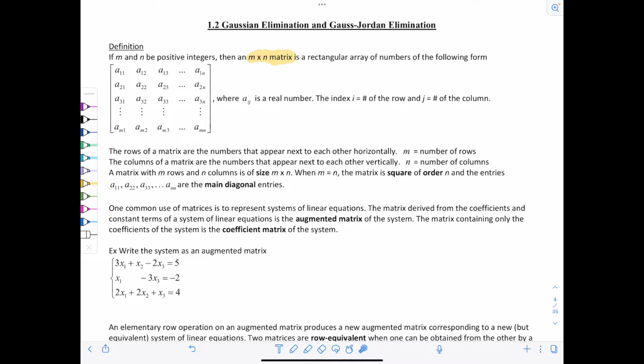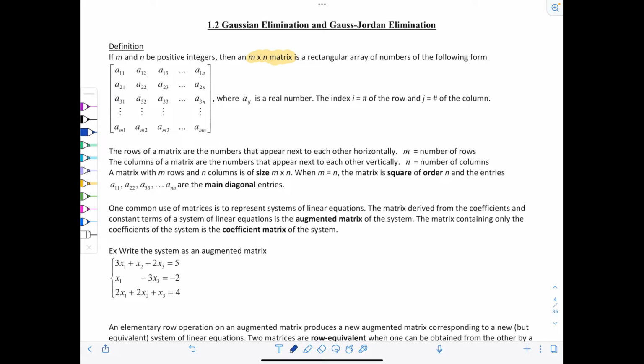Notice here we have m rows, and the number of rows is indicated by the first entry in the subscripts, which tells you which row that entry belongs to. And then it has n columns. That's indicated by the second number in the subscript of each of the entries.